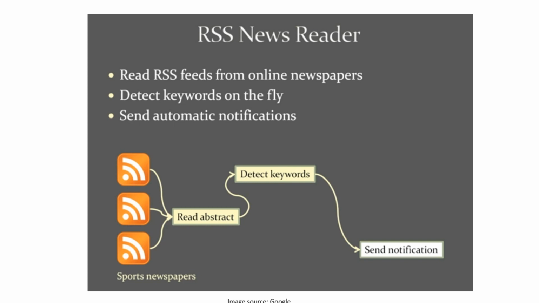Then if the particular keyword occurs, you can send a notification as well. So this is what we are going to visualize now. We have an RSS here, which is going to help us read the data from the various verticals. Then from there we can detect some keyword and if the keyword occurs, we can send a notification as well.